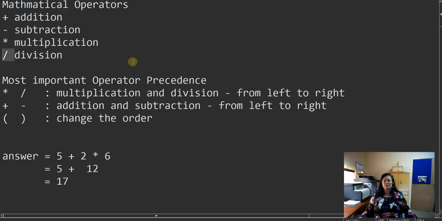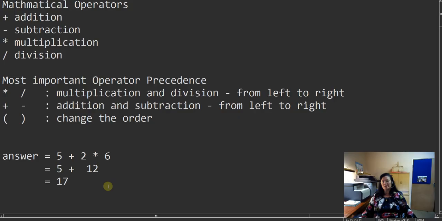If, let's say, I've got 5 plus 2 multiplied by 6, and I'm just using numbers now, those numbers can be replaced with variables once we go into programming. What would execute first? The multiplication on this line. So first 2 and 6 would be multiplied, I get 12, and in the next step 5 would be added to 12, the answer would be 17.